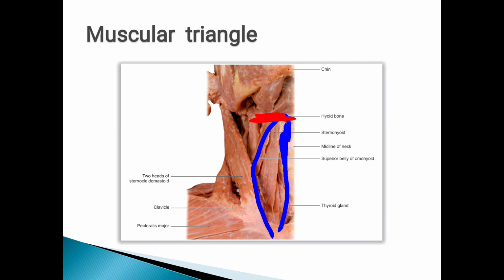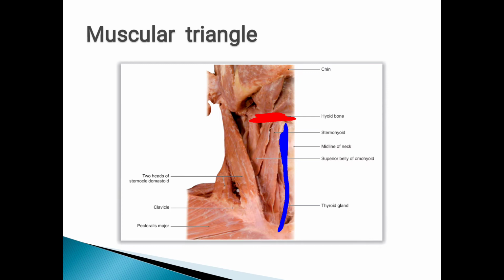ठीक है. Now posterosuperiorly we have the superior belly of omohyoid, and then posteroinferiorly we have the lower part of the anterior border of sternocleidomastoid muscle.